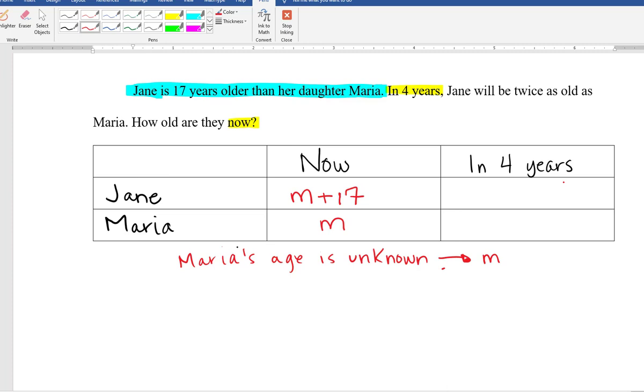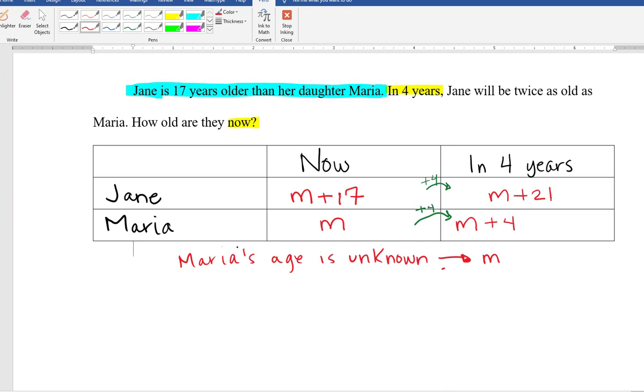The same idea, I'm going to take Maria's age, whatever it is today, m, and I'm going to add 4 to it. So take the m and add 4. So from here to there, I said plus 4. Well, to do the same thing in Jane's age, m plus 17 plus 4 more will be m plus 4 plus 17, which is m plus 21.